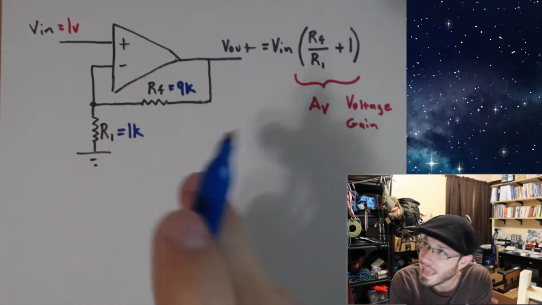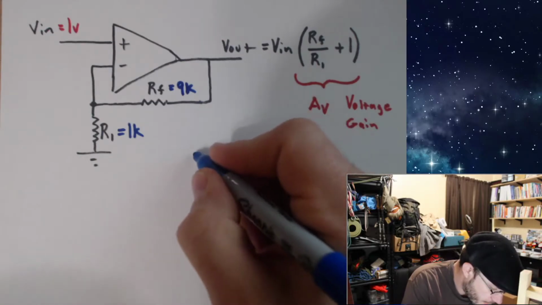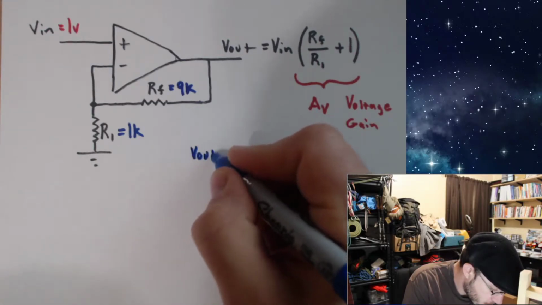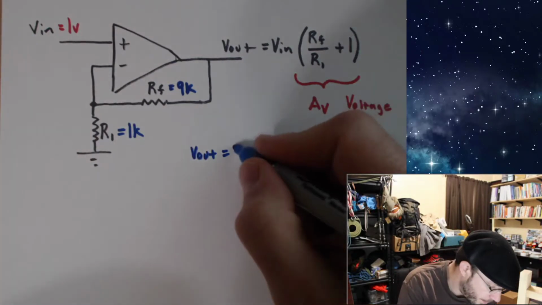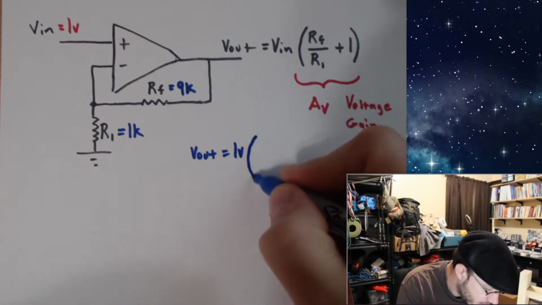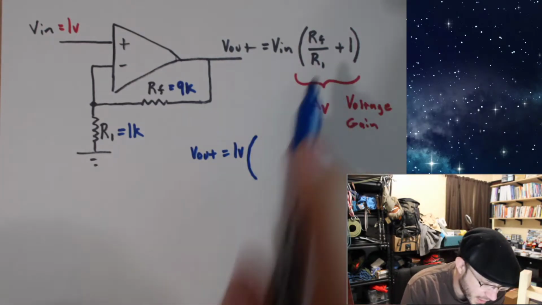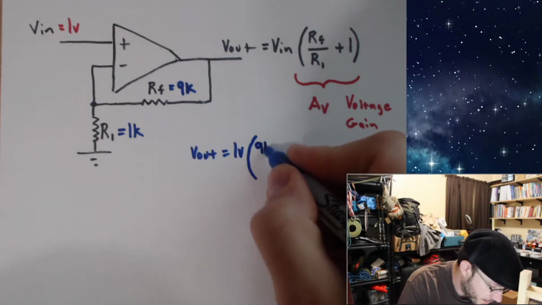Well, I already gave out the equation, so V out would be equal to V in. V in we set is 1 volt. And our gain would be determined by RF divided by R1 plus 1. So RF is 9K.